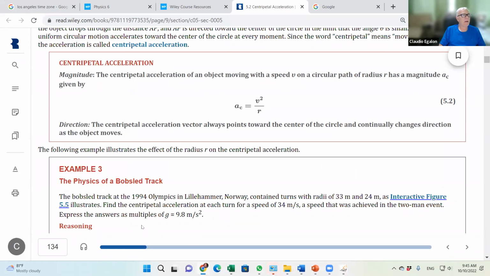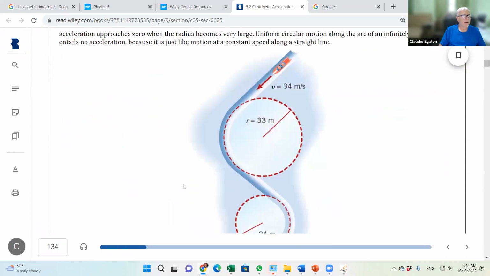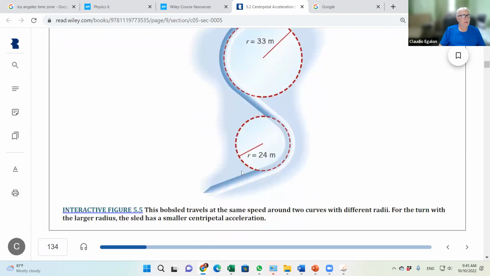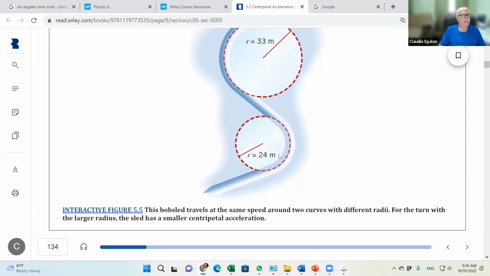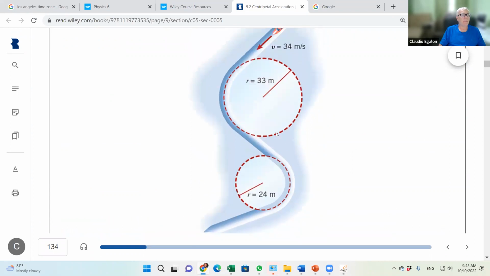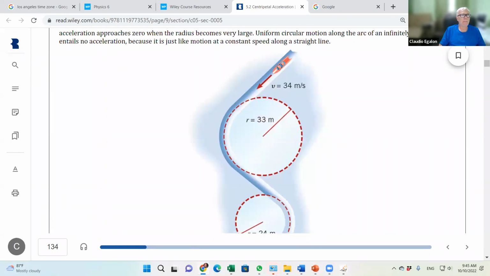Find the centripetal acceleration at each turn. Okay? Here's the track. You can visualize, right? And the bobsled undergoes a turn of a radius of 33 meters, a second turn of 24 meters. Find the centripetal acceleration on this turn, find the centripetal acceleration on this turn.